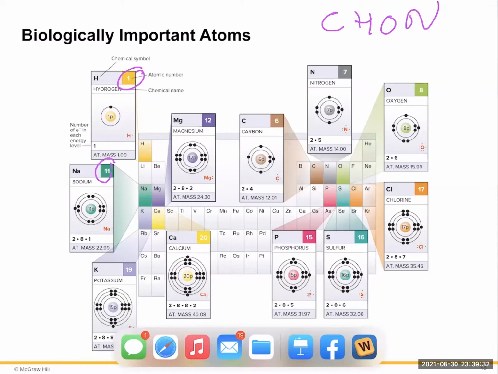You have potassium, which is 19, calcium, magnesium, carbon, nitrogen, oxygen, chlorine, sulfur, and phosphorus. You'll see all the different numbers of protons. Phosphorus says 15, so it has 15 protons. Calcium has 20 protons. So the number on your periodic table determines the number of protons that you have.